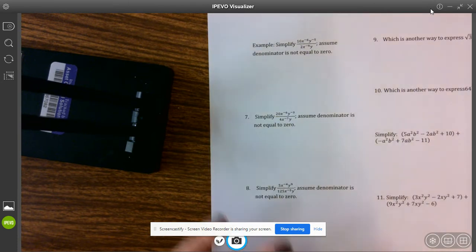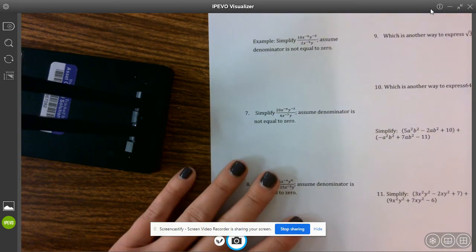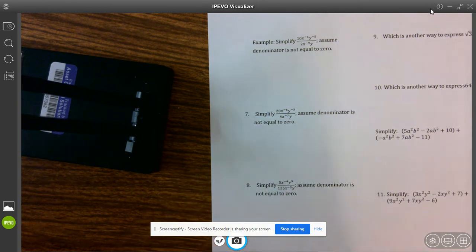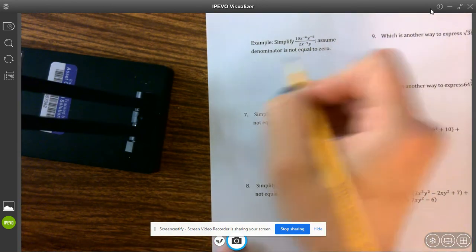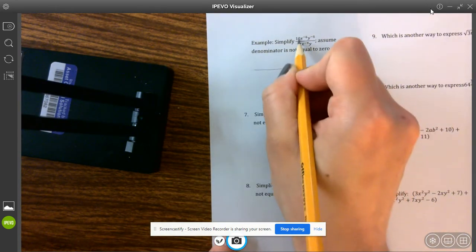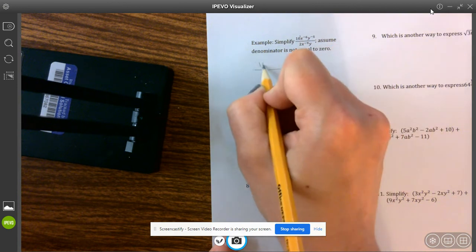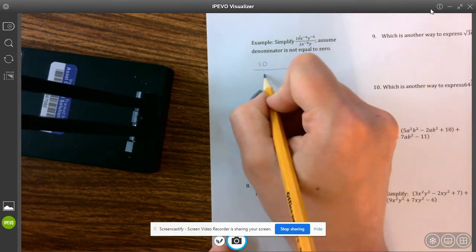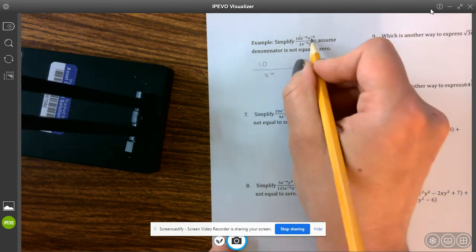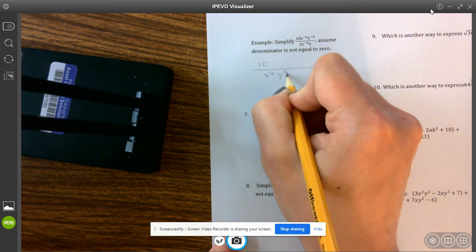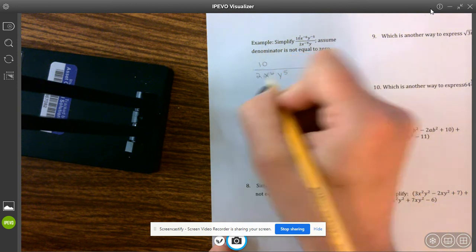On the back, simplify. Assume the denominator is not equal to 0. Well, I'm going to move all the negatives first. So the 10 would stay since it's technically to the positive first. The 6 would go, so now it's positive. The y would go, now it's positive. The 2 stays.